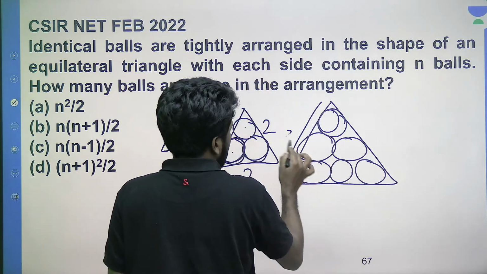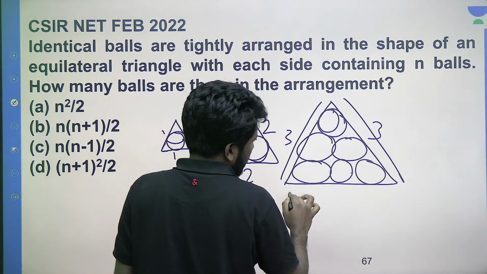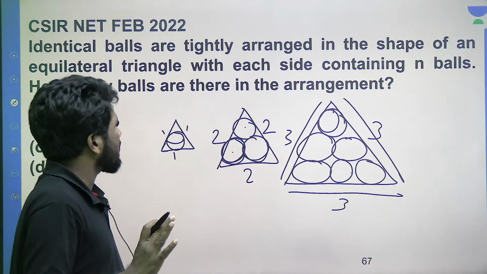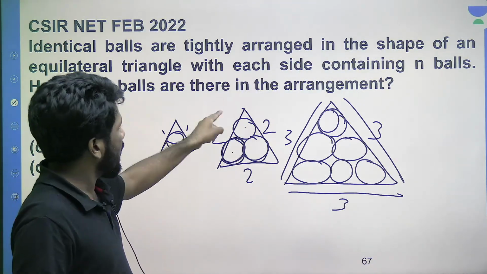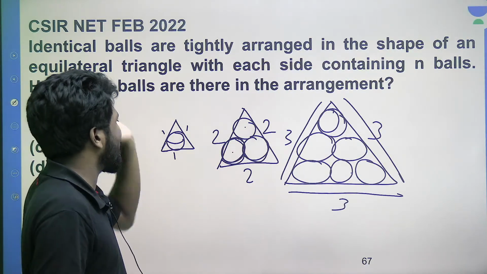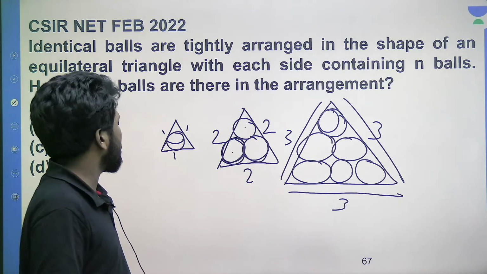Here also 3 here, 3 here. 3 means 3 spheres on this side, 3 spheres on this side, 3 spheres on this side. Is this clear? I have given 3 examples: the case of n equal to 1, the case of n equal to 2, the case of n equal to 3. Each side should have that many balls.